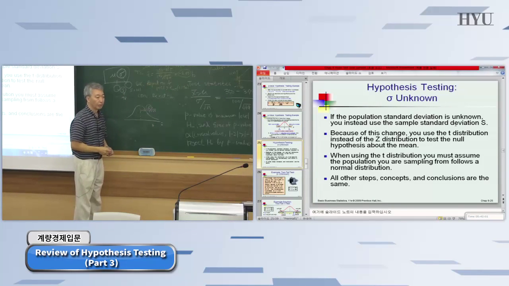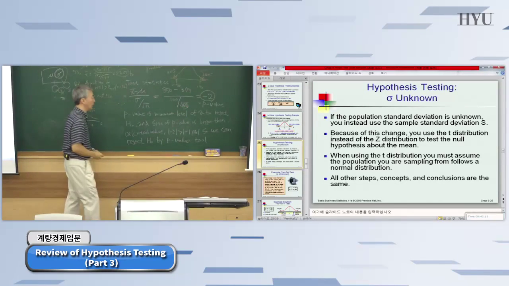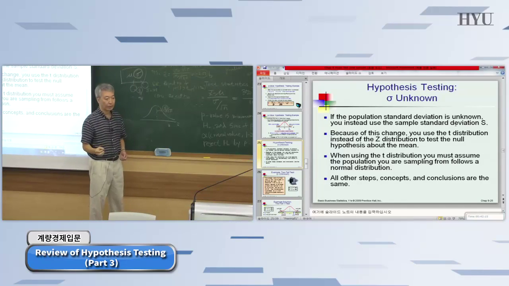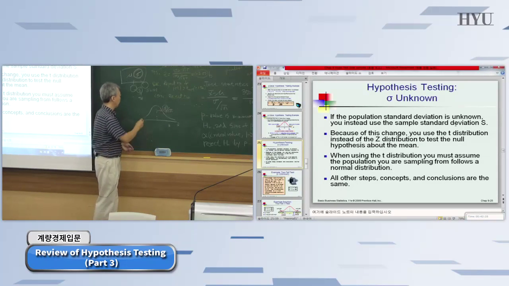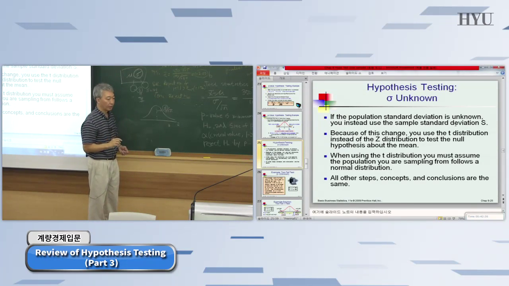Suppose you produced 100,000 light bulbs today, and you selected, say, a sample size of 64. So you selected 64 light bulbs out of 100,000 and measured how long they last. Depending on how you selected the sample, you can come up with 98 or 101 or whatever for the sample standard deviation.